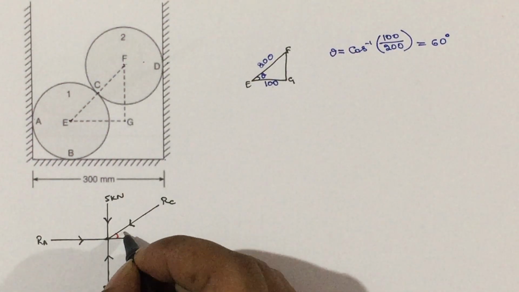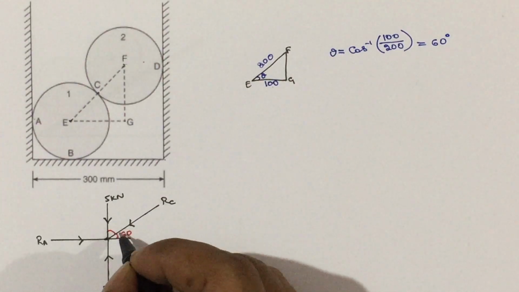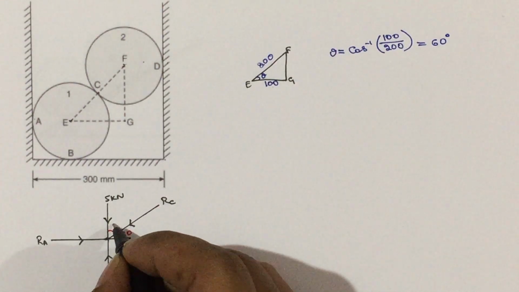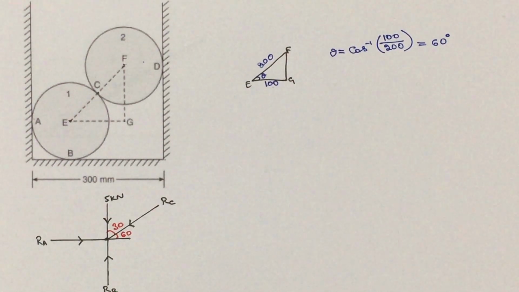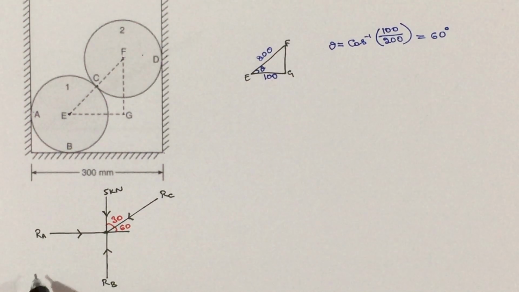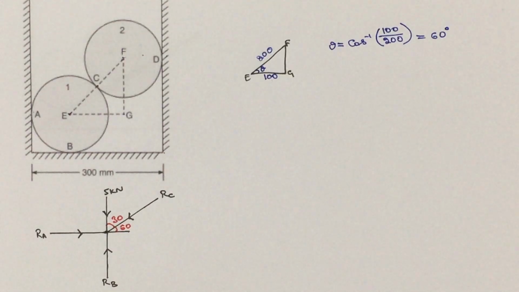So with respect to horizontal it is 60, therefore with respect to vertical it will become 90 minus 60, that is 30. Then this is the free body diagram for the first ball, FBD 1.